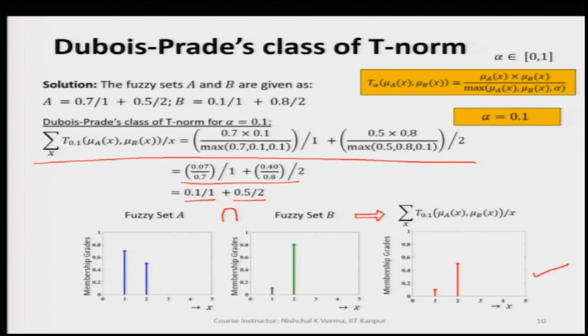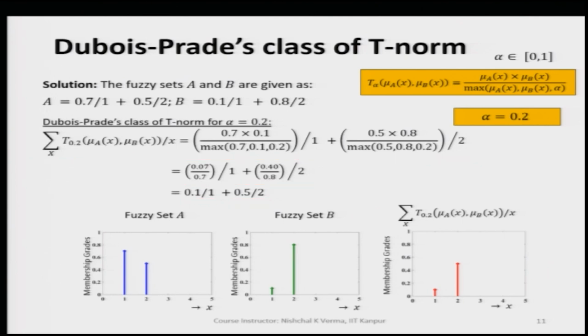As a result, now when we take some other value of alpha, so here we are now increasing the value of alpha. In the earlier example we had alpha equal to 0.1, in this example we have alpha equal to 0.2. And let us see what is happening, how the result is varying, how the elements are changing.